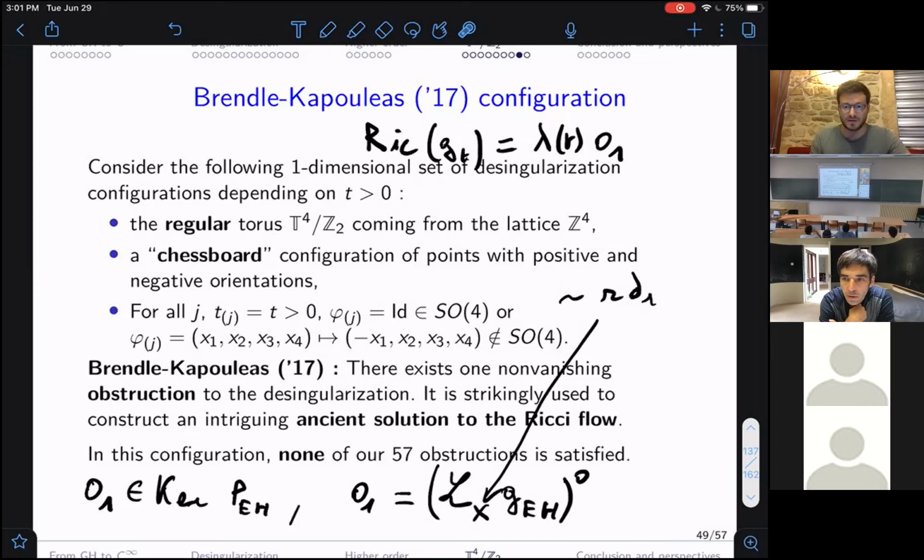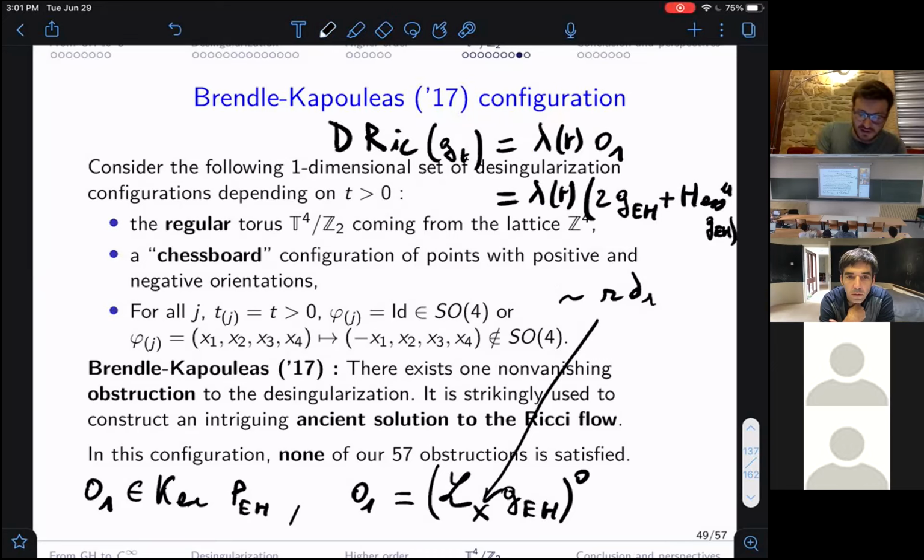Is it clear which soliton you see? Yeah, because O1 here is lambda of t times, I don't remember the numbers, but I think it is 2 times g_EH plus the Hessian of some function, with respect to g_EH. So it's not the true Ricci curvature, that would be the linearization of the Ricci curvature at the Eguchi-Hansen metric for g_t minus g_EH.